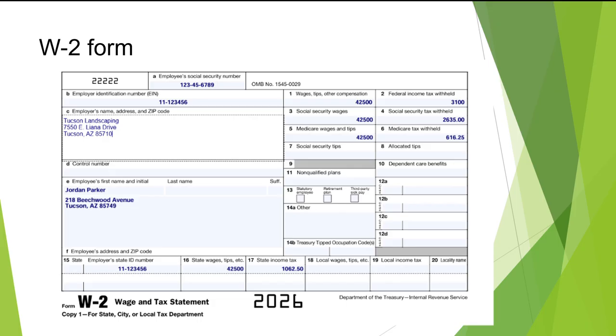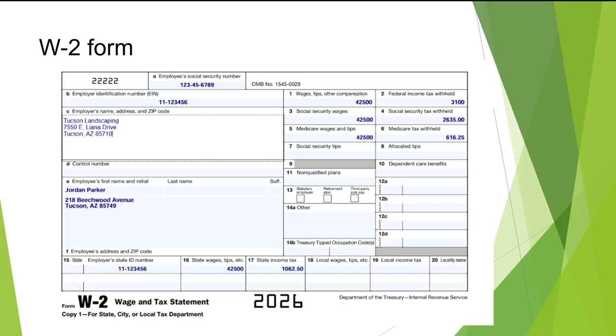Social Security wages and Medicare wages, we're not going to discuss those in this video. Those may be covered in a separate video. Total Social Security wages are probably the same as your wages, tips, and other compensation. Total Social Security tax withheld is probably 6.2%, because the other half of the total 12.4% is being paid by your employer.